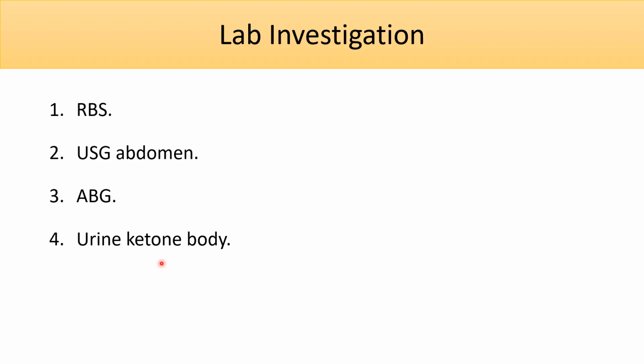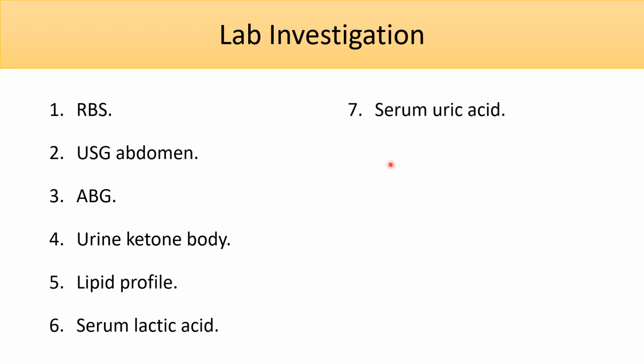So when there is increased cholesterol, the lipid profile will be altered. So we have to measure the lipid profile. Next, we had seen there will be lactic acidosis. So we have to measure serum lactic acid concentration. Finally, we had seen the patient can develop gout. So we have to measure serum uric acid. So these are the other investigations we have to do in a patient who is a chronic alcoholic.